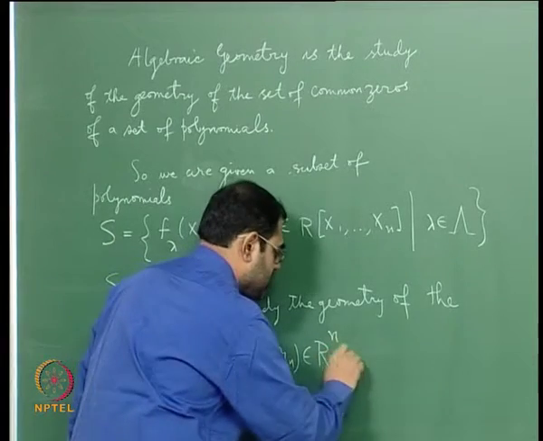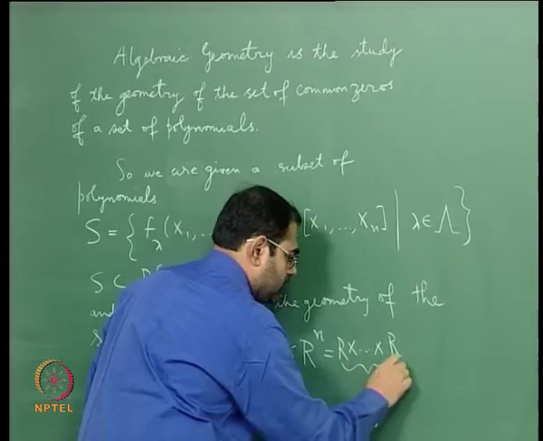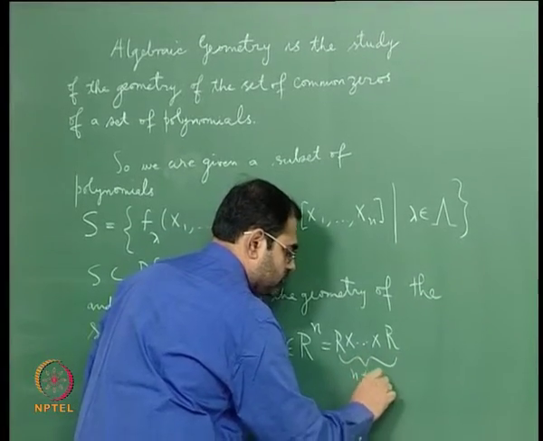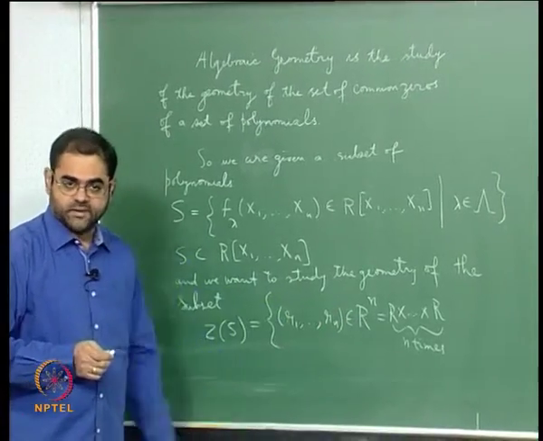So this is just R cross R n times. This is just the Cartesian product of R taken with itself n times.